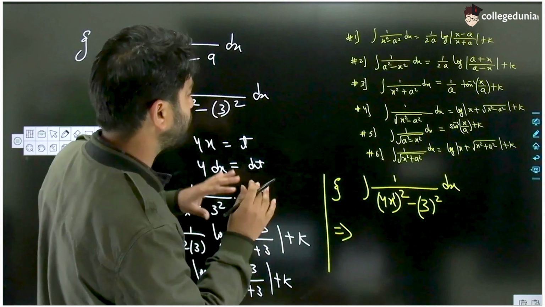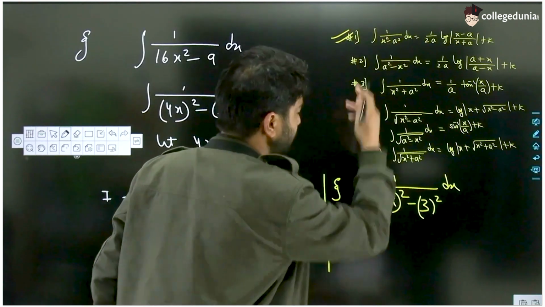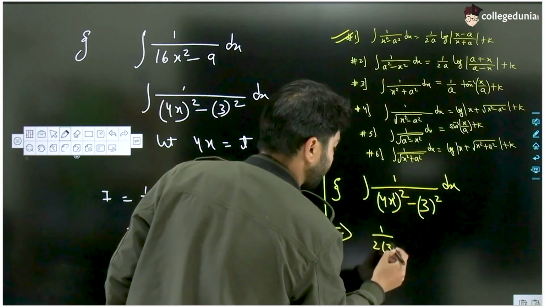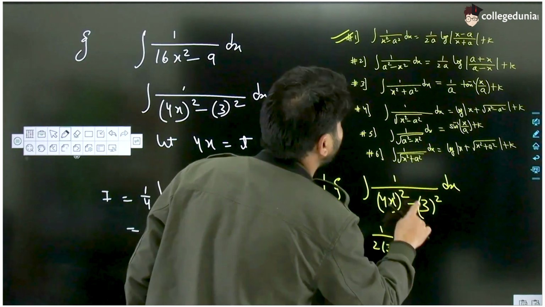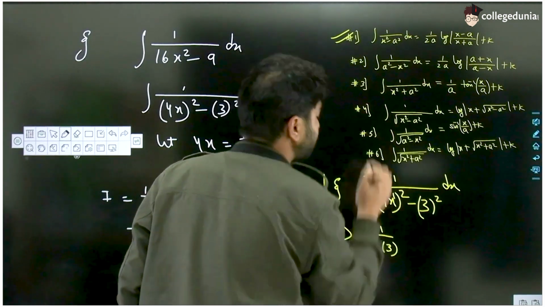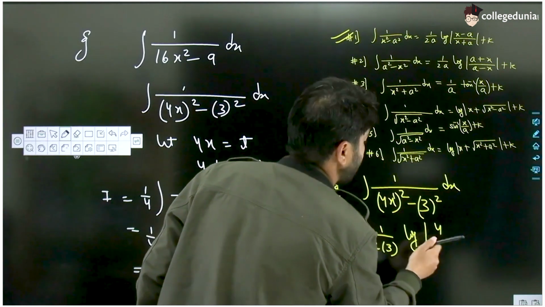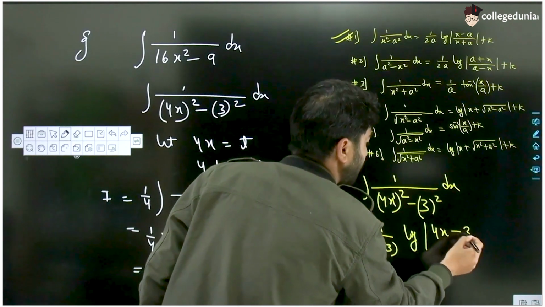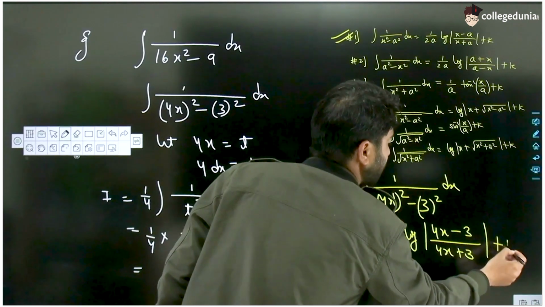So according to these formulas, the first formula should be applied here. The formula is 1 upon 2a, where this 4x is acting as x and the value of a is 3. According to that formula, 1 upon 2a log (x minus a) upon (x plus a), plus k.